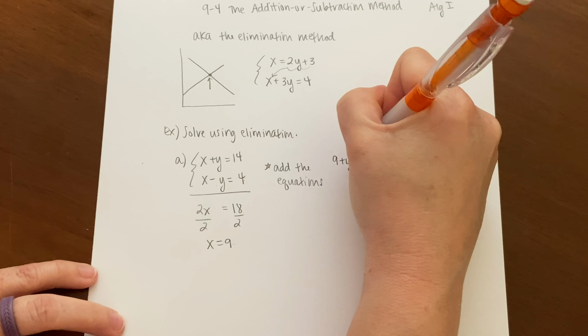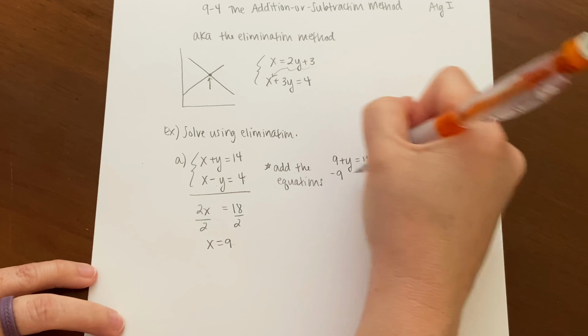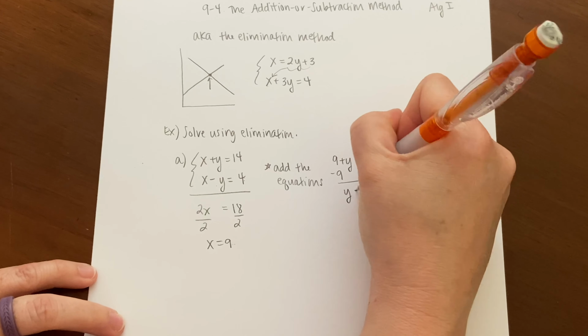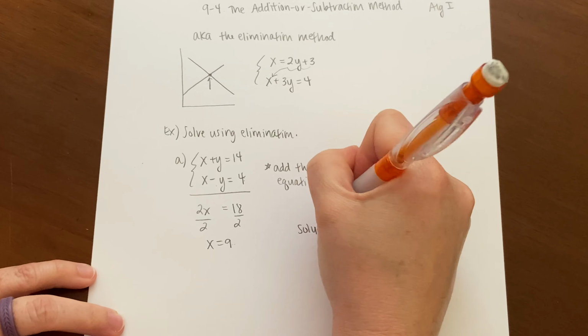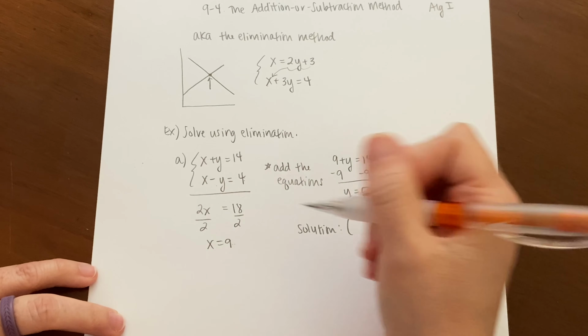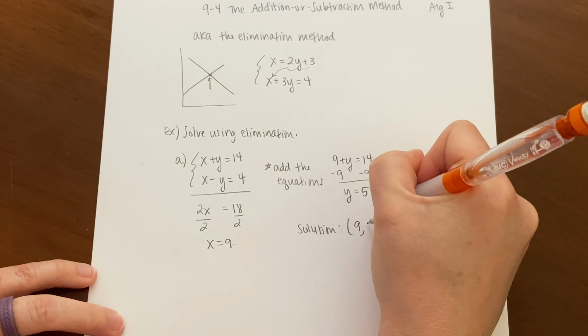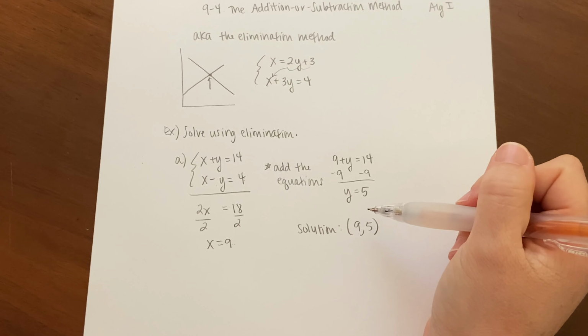So 9 plus y equals 14. Now I'm solving for y. I'm going to subtract 9 from both sides, so y equals 5. Your solution for a system of equations should always be an ordered pair. We put the x value first and then the y value. Now you could check this.